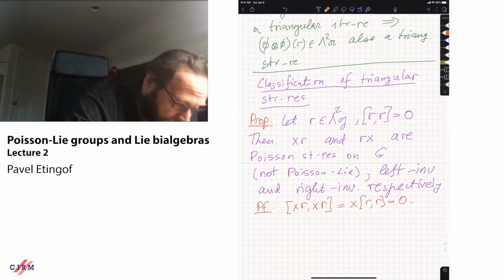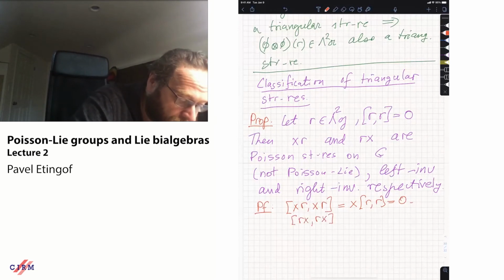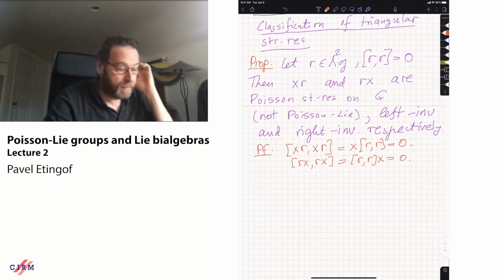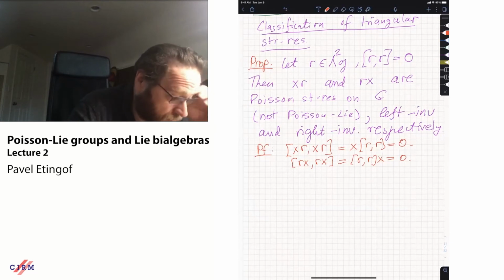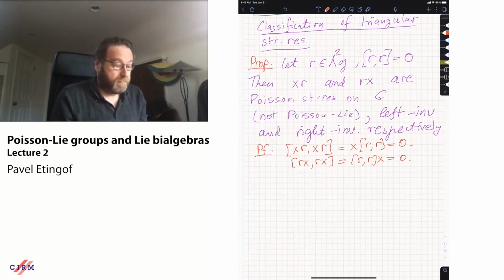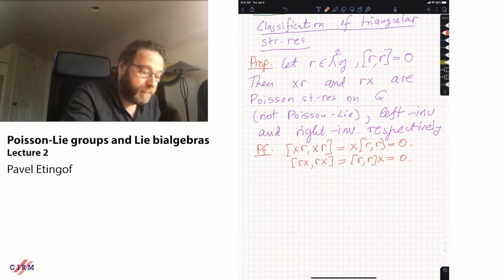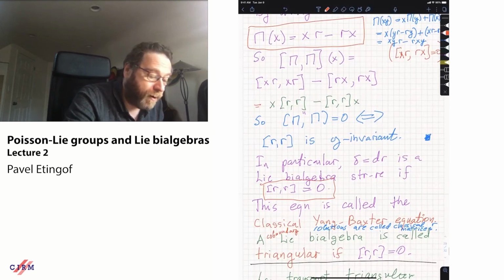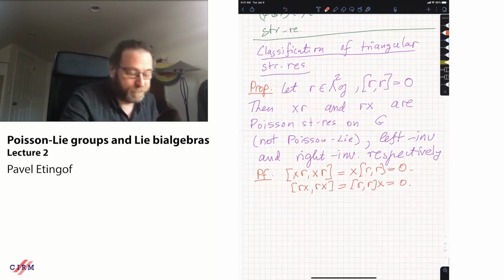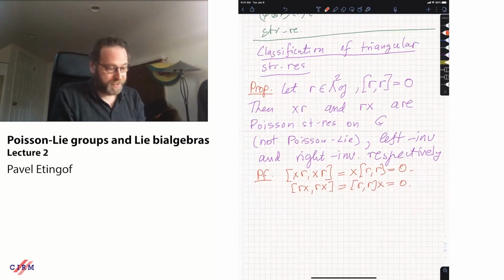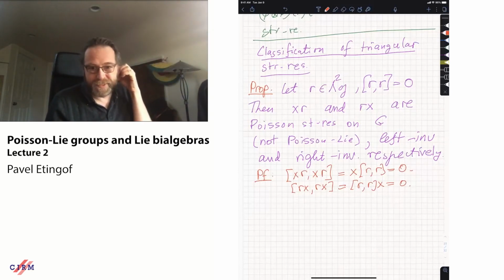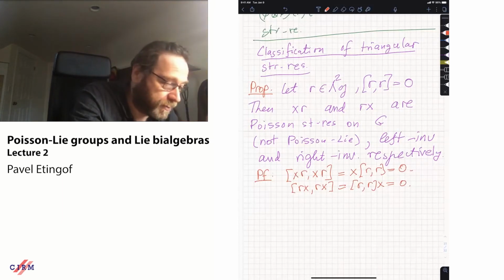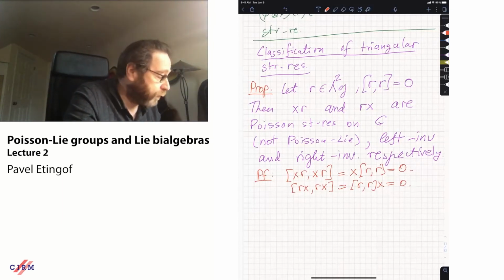And the same thing for RX and RX. So in general, we have XR minus RX, which is a Poisson-Lie structure, but XR and RX separately are not even Poisson brackets, because they don't satisfy the identity that the Schouten bracket of this bivector with itself is 0. But in the case of triangular structures, these are both such structures.